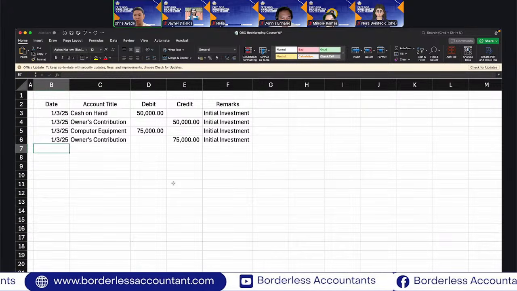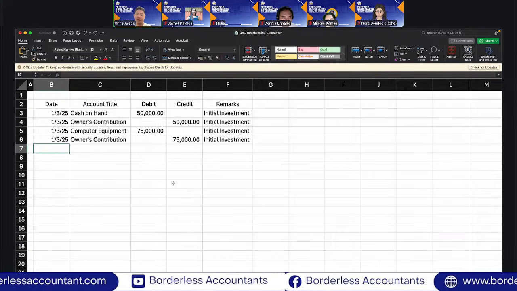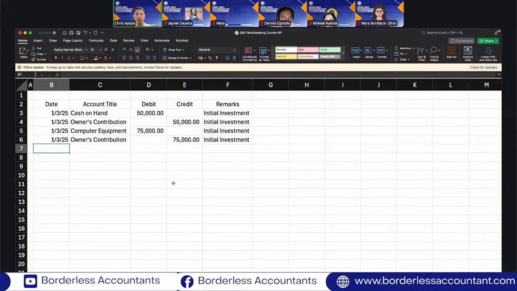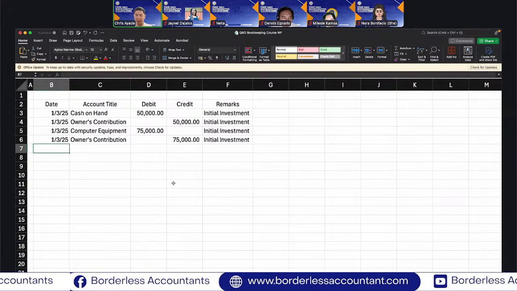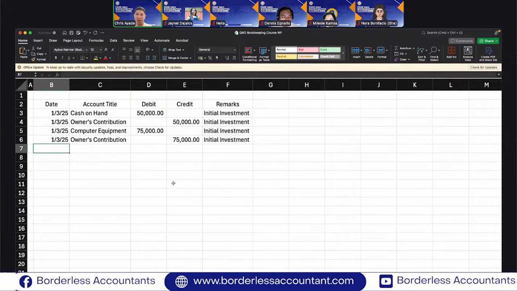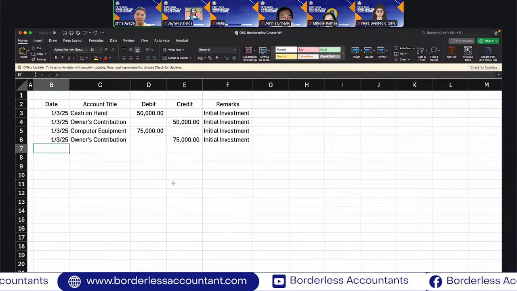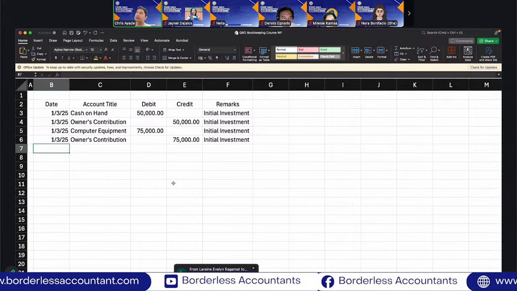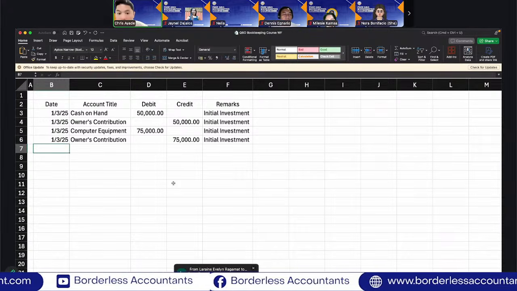So, for example, nakapag-render ka ng service sa client mo, or you were able to close an engagement, and yung client mo ay, sabihin na natin nagbayad na siya, right? Nagbayad na siya. So, or hindi, sabihin na lang natin, hindi muna siya nagbayad. Nag-render ka na ng service, pero hindi pa siya nagbayad.